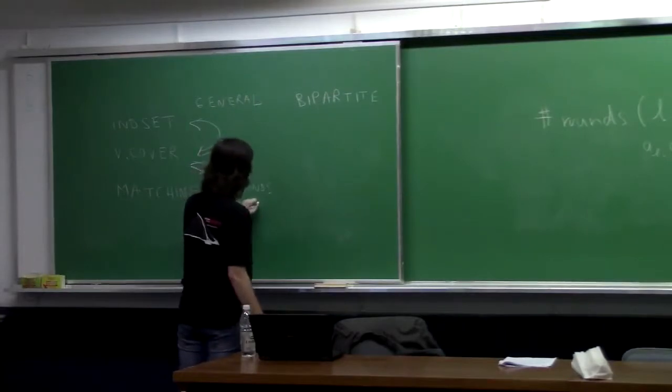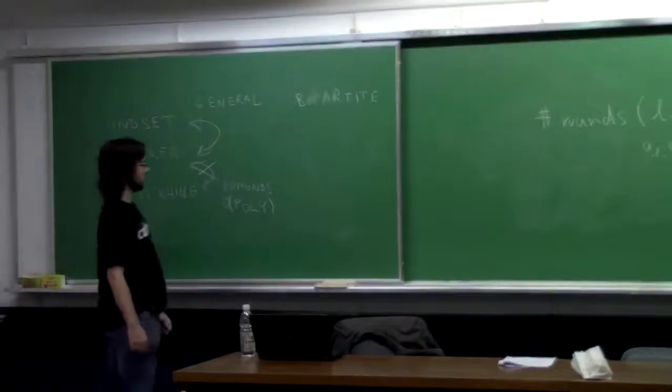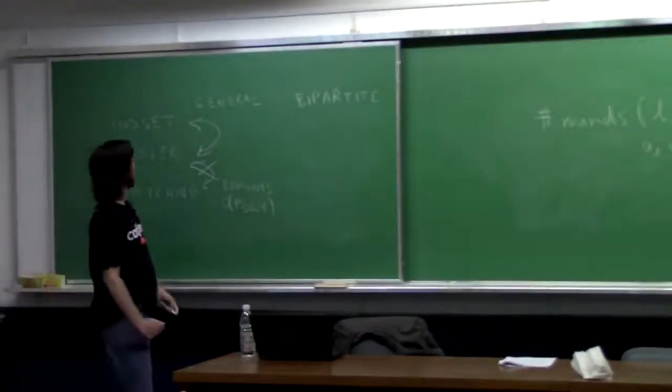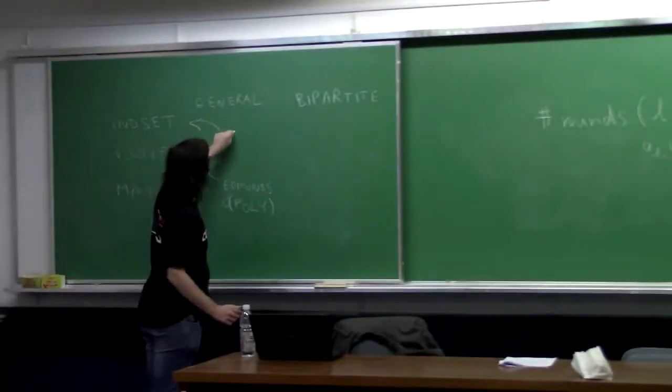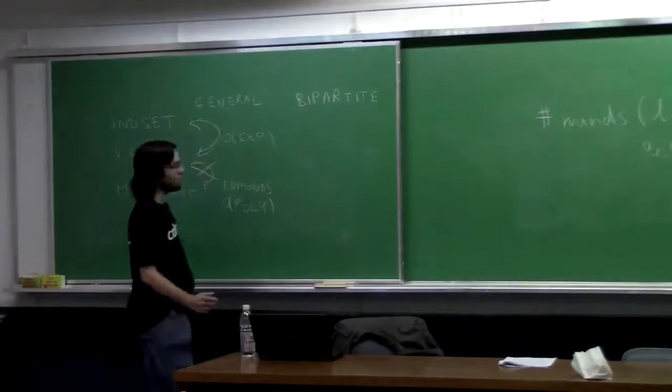O polynomial in a number of vertices and number. And this is O exponential apparently so far.